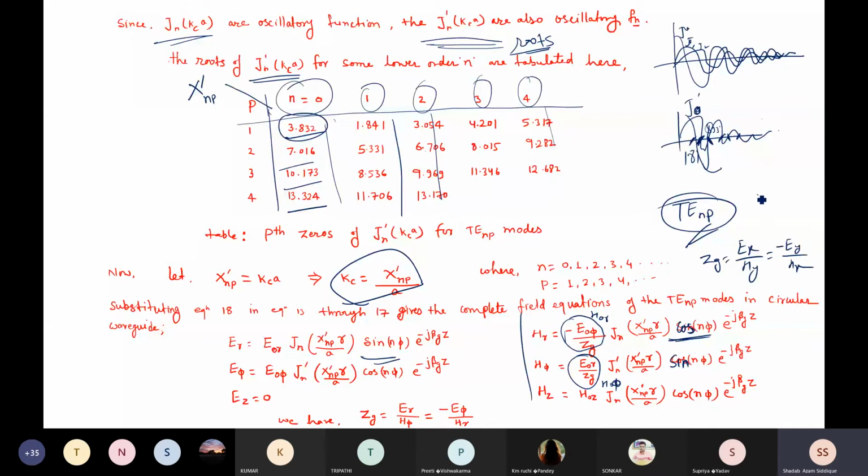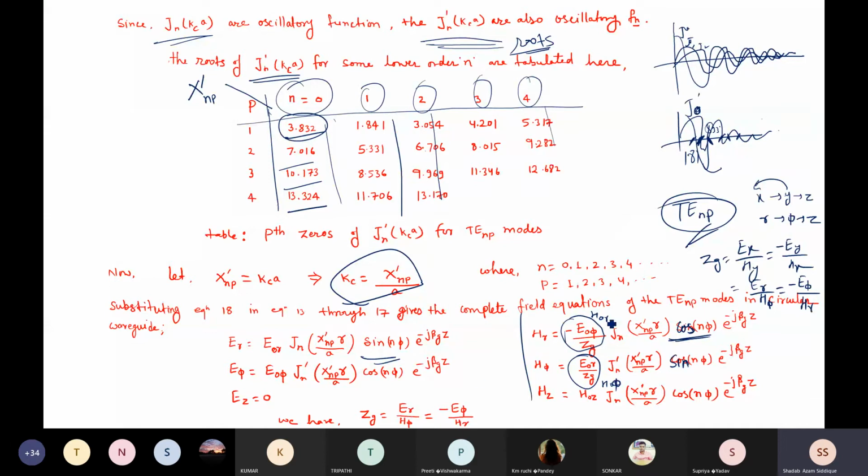I told you that you have x, y, and z. If you take x to y, that will be positive, and if you take y to x, that will be negative. Similarly, we have r, phi, and z. If you take r to phi, that is Er upon H phi, so that will be positive. If you take E phi upon Hr, that will be a negative sign. So that's what is written.